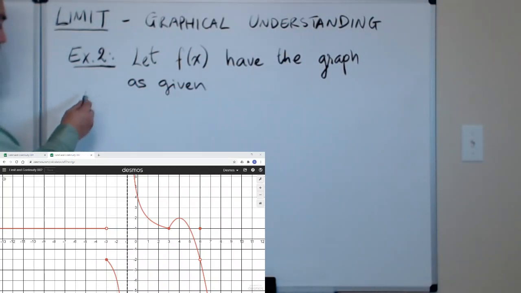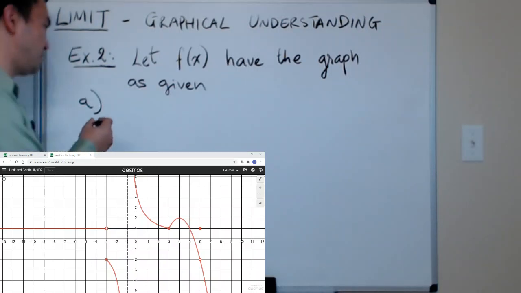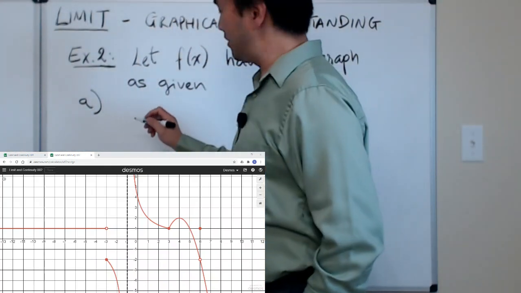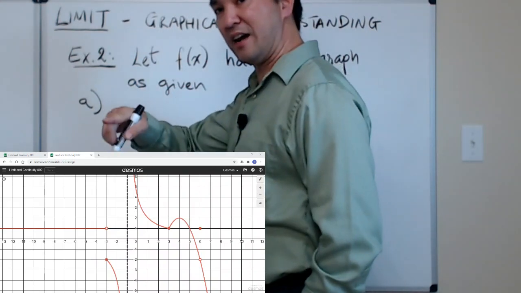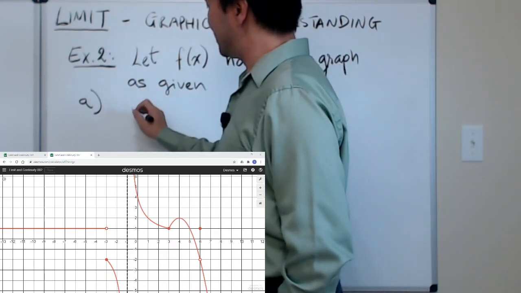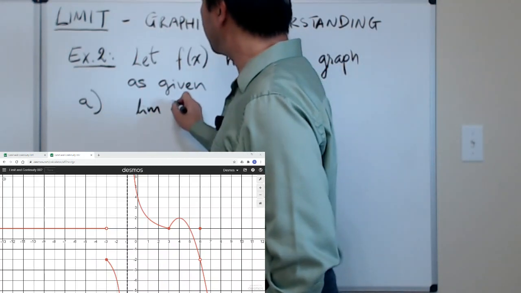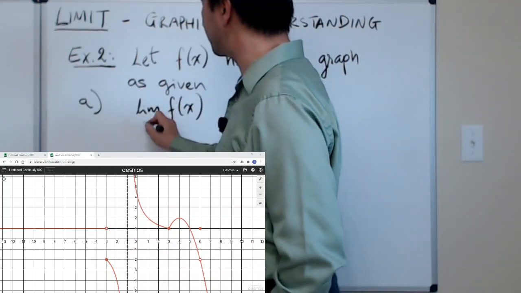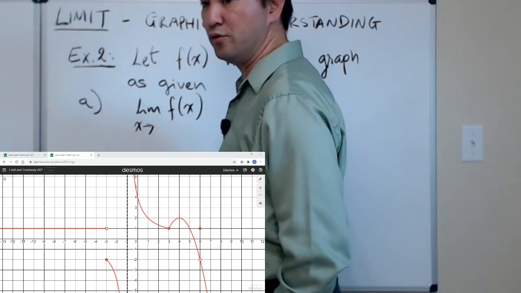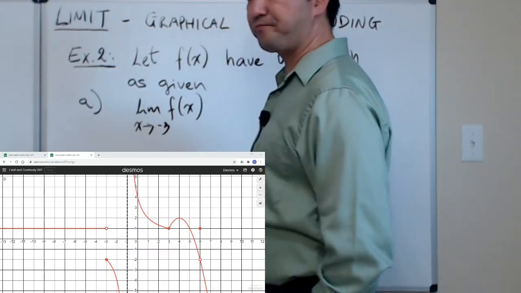So, question A. This is for you to try. With the function f of x having the graph as given, find the limit of f of x as x is getting close to -3.